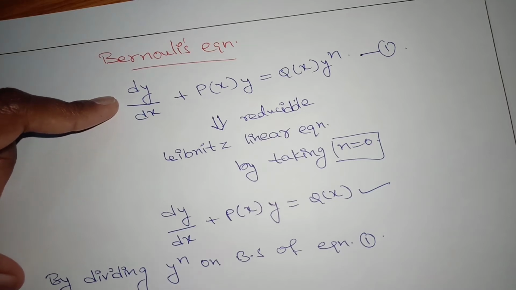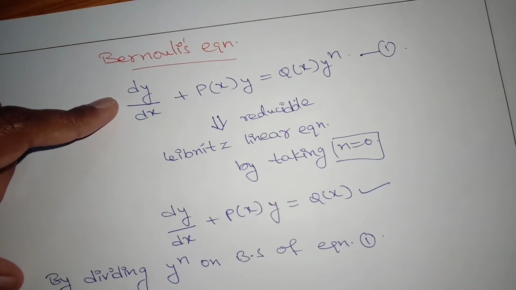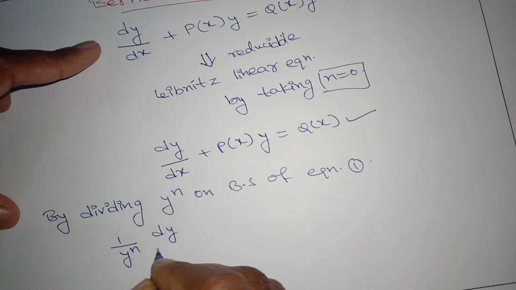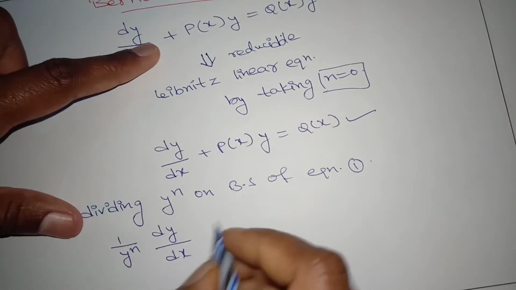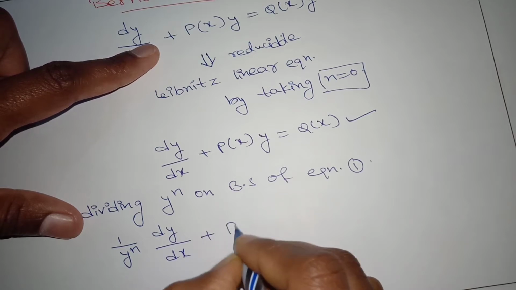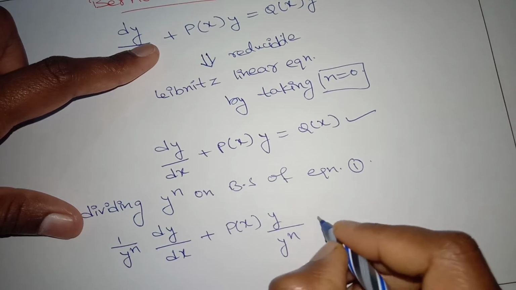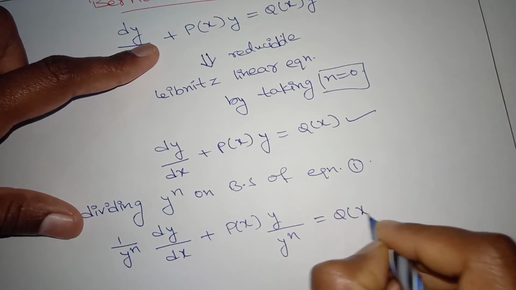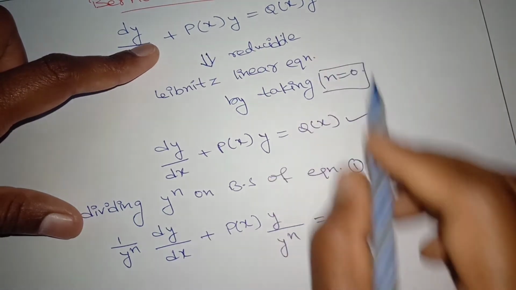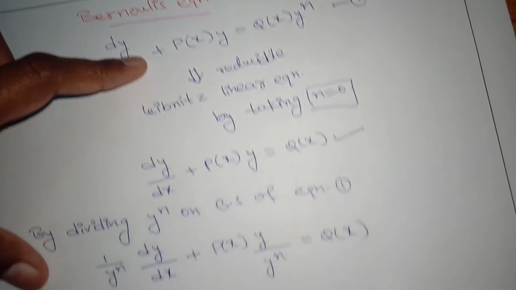So, 1 by y power n dy by dx plus p of x into y by y power n equals to q of x. y power n by y power n gets cancelled.